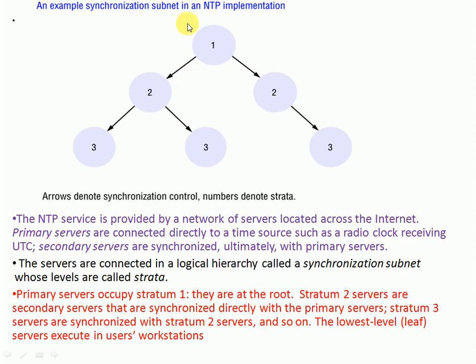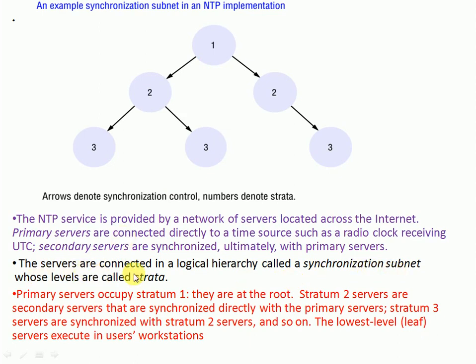Like that, the time flows from the higher level to the lower level. If anything happens to the timing in the lower level clients or servers, the time is updated by the higher level servers. The servers are connected in a logical hierarchy called the synchronization subnet.